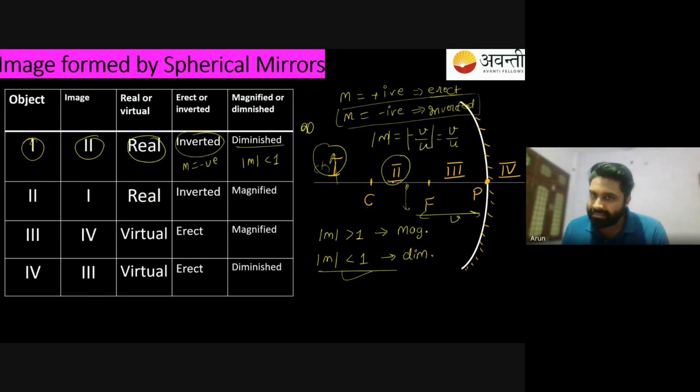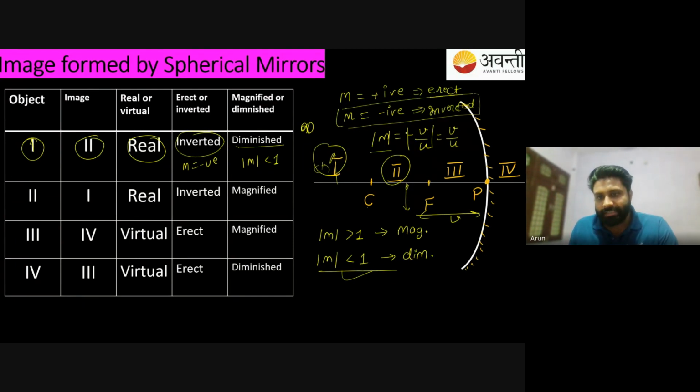If the object lies in the second region, the image is formed in the first region, and vice versa. If the object is in the first region, the image is in the second. If the object is in the second region, then the image formed will be in the first region. ठीक है. रियल होगी बिकॉज दोनों सेम ही डायरेक्शन में है. ठीक है. और इन्वर्टेड होगी या इरेक्ट होगी, अगेन m से हम पता करेंगे. ठीक है.